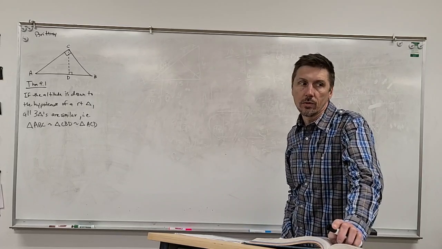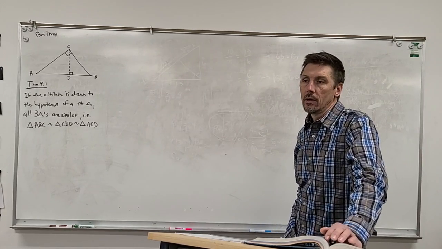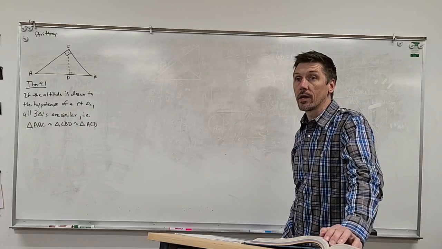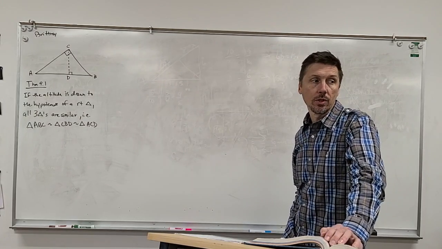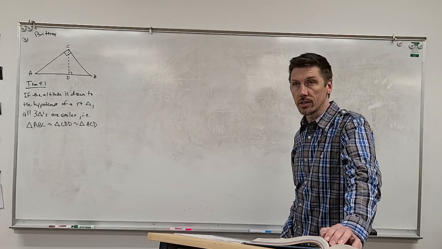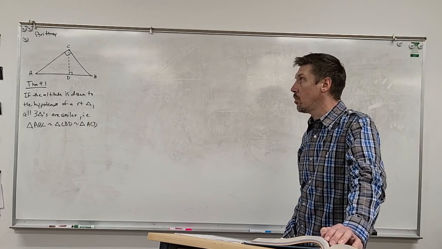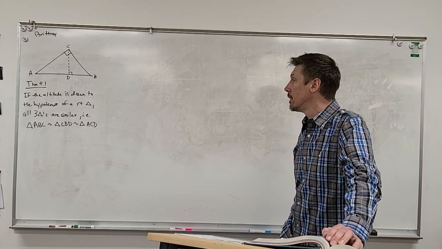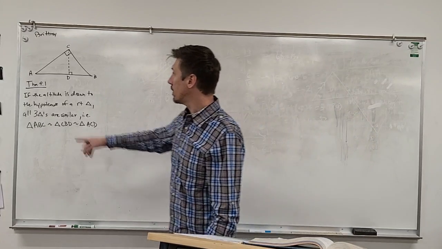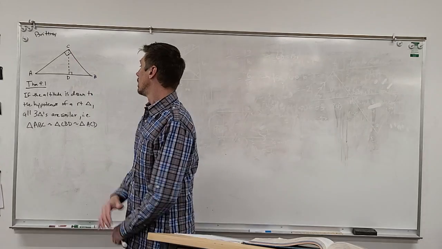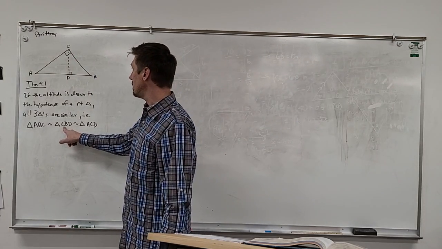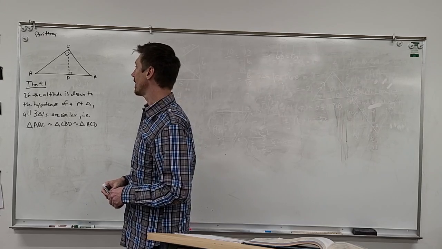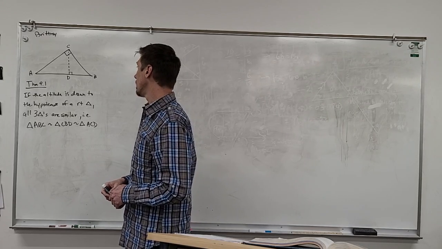And so the quiz that you guys just took, I asked you to state whether or not the triangles are similar. If you say they are similar, it's important that you put the vertices in the correct order. You'll notice with ABC, this has to be CBD in order to show that's the triangle similar to ABC.